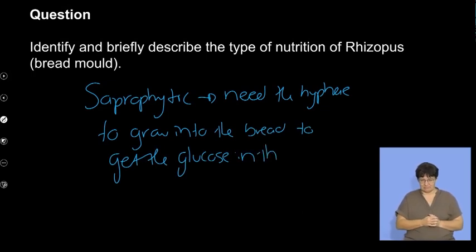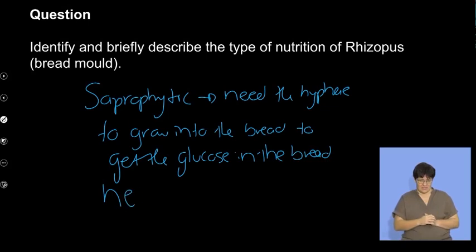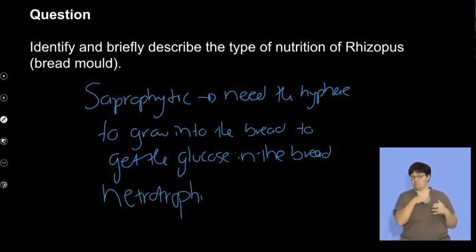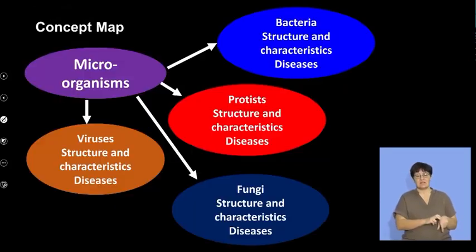See, it's heterotrophic. Another word you might have used, it is heterotrophic, right? It cannot make its own food, so it needs to be able to get its own food.